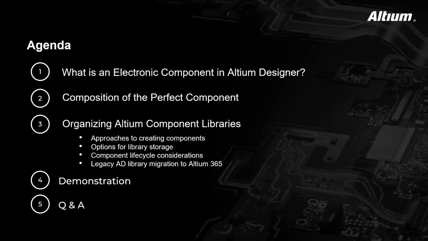Next, I will review Altium Library Migrator capabilities, which allow legacy Altium file-based and database libraries to be migrated into an Altium 365 workspace. Then I will provide a demonstration and we will end the session with Q&A.